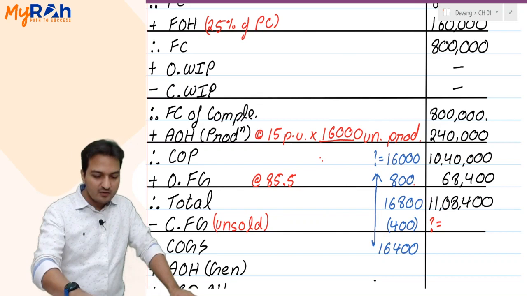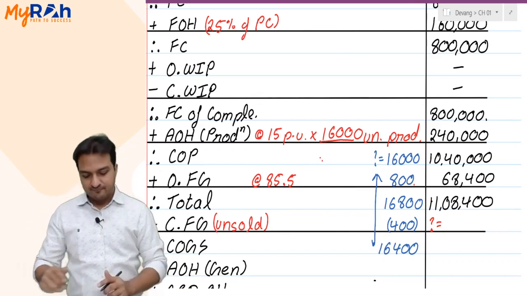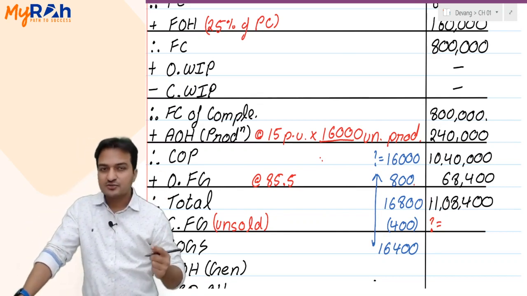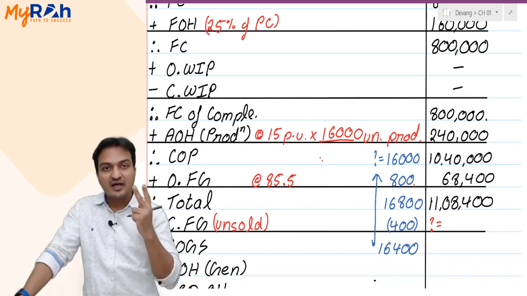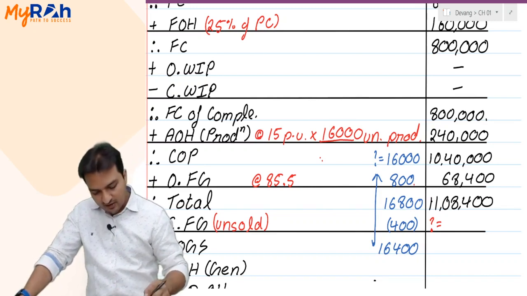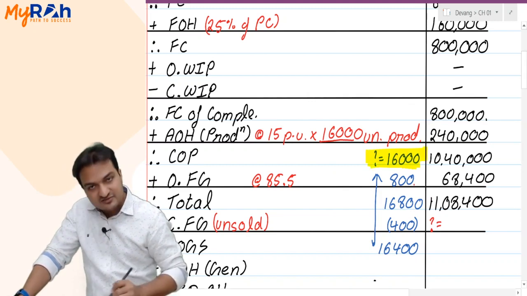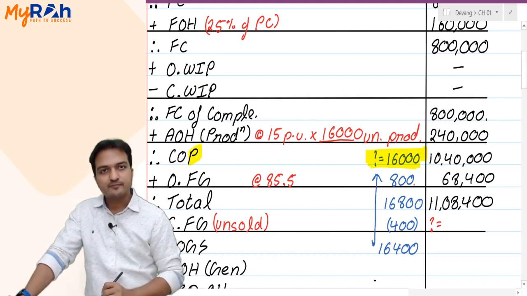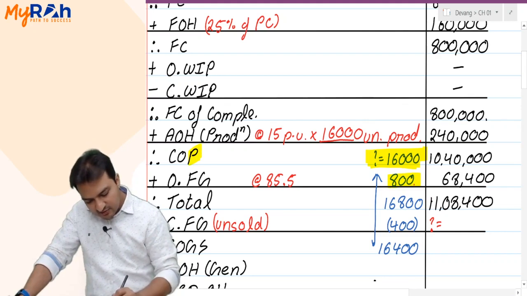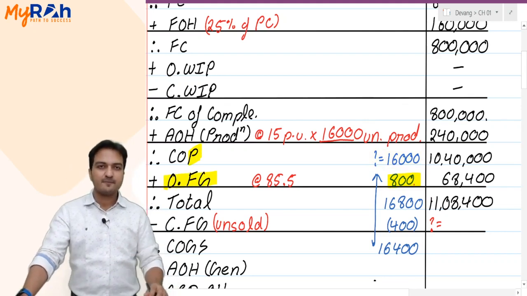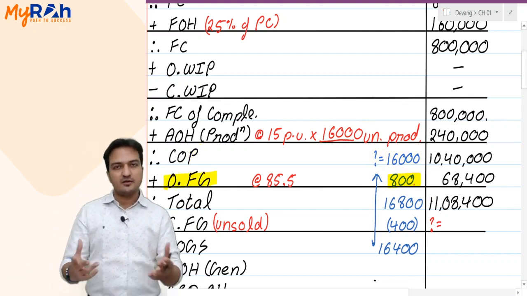Well, in my example here, you notice that I have two types of units that I produce. I have two types of production here. One is these 16,000 units production, and the other is these 800 units opening FG. Both of them are completed units.